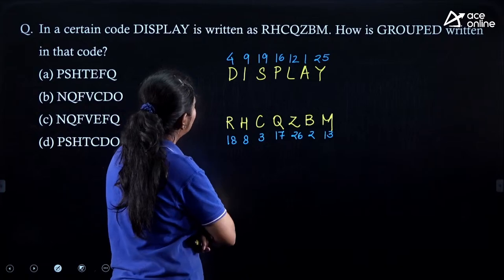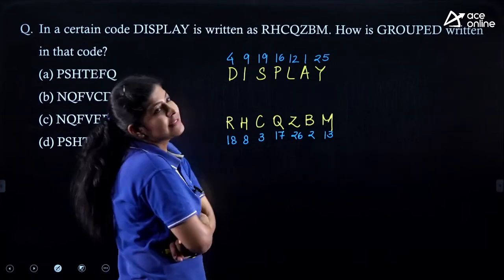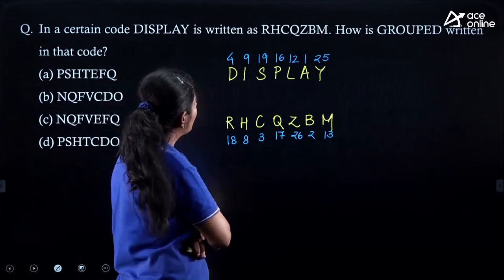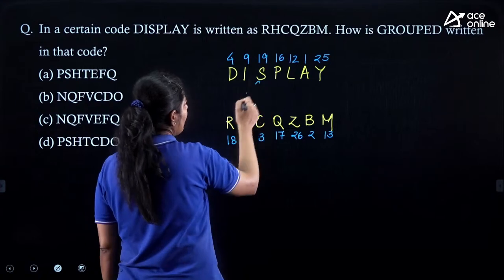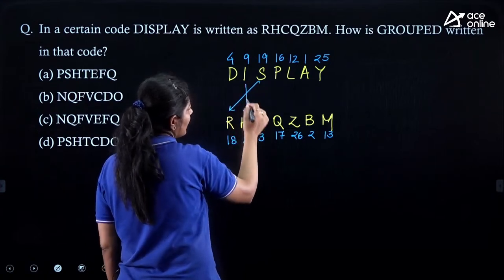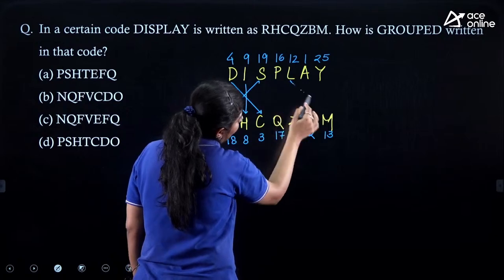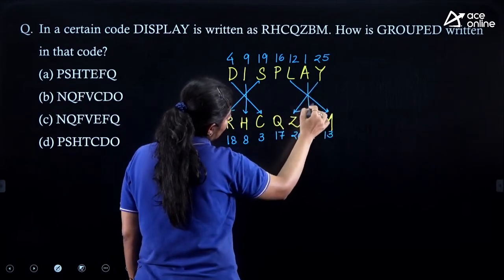So let's try to figure out what the logic is. If you look here, we need to apply the cross logic in a group of 3 alphabets. -1, -1, -1, right? +1. Okay, this time we have done +1.